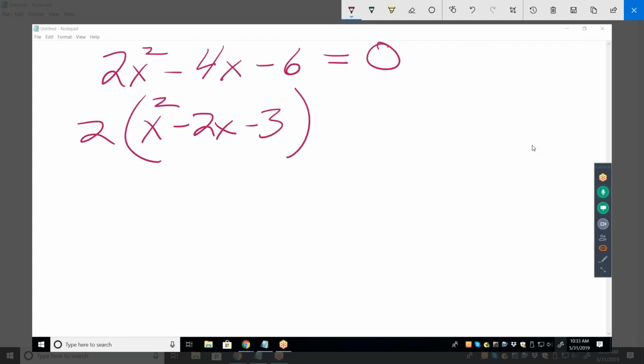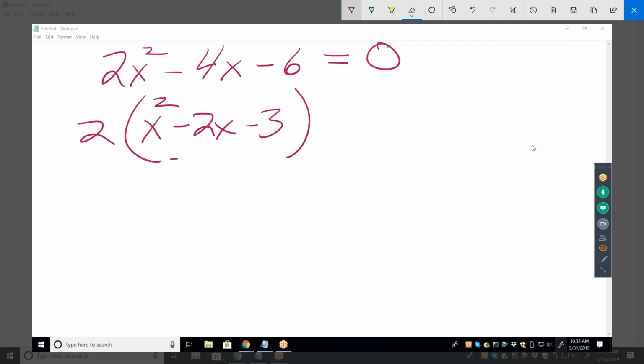Now see, this quadratic is much, much easier to factor than the original one. Anytime you have a 1 in front of the x squared, it's easy to factor. It's when you have numbers other than 1, like 2 or 3 or 4, that makes it a little more difficult to factor.